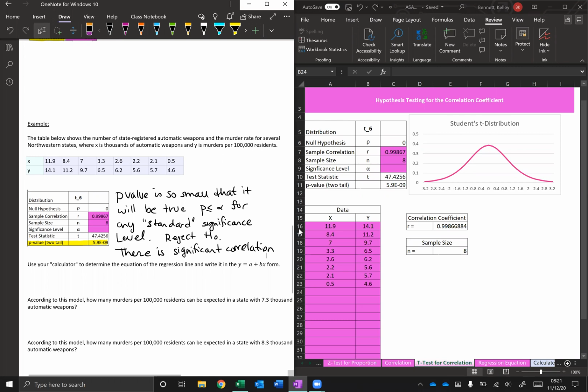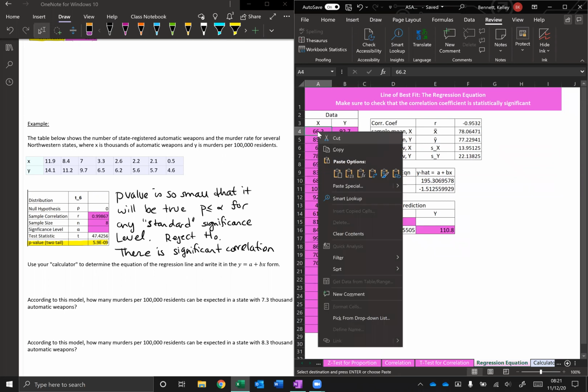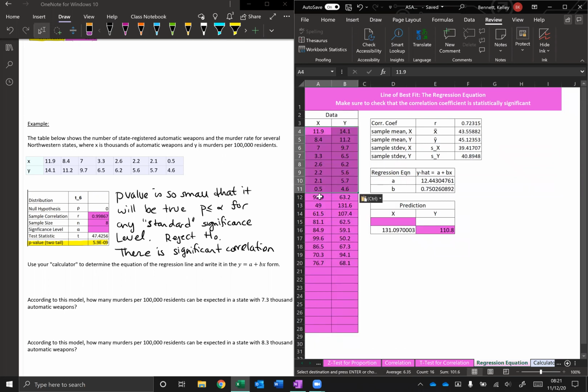And now we're going to move to our calculator to compute the line of best fit, or the regression line. All right, so I'm going to copy my data from here and paste it here, get rid of all this junk.